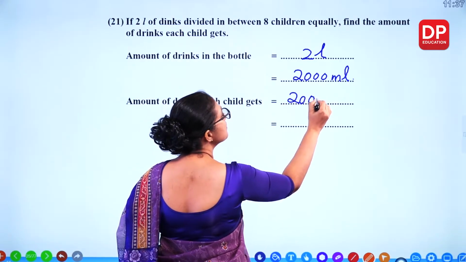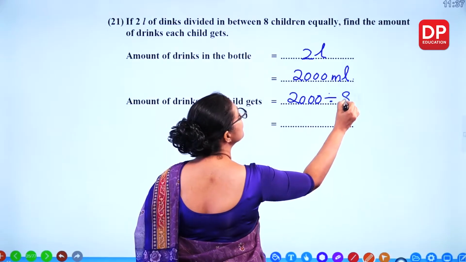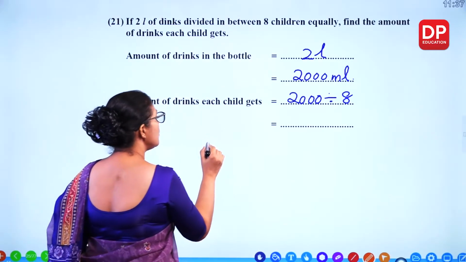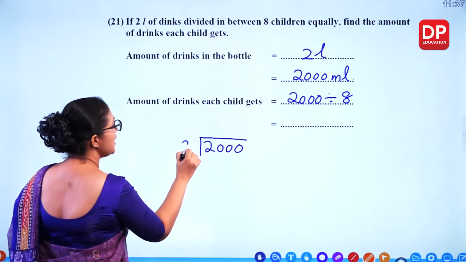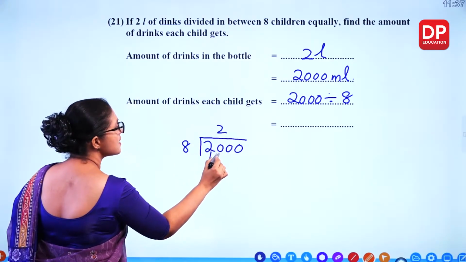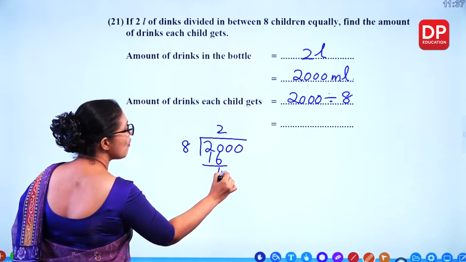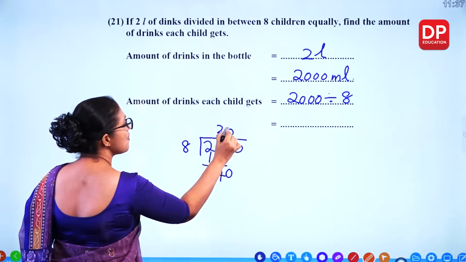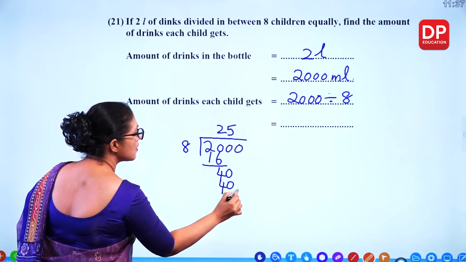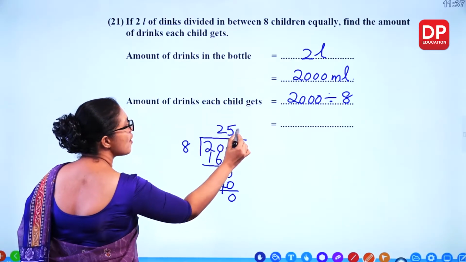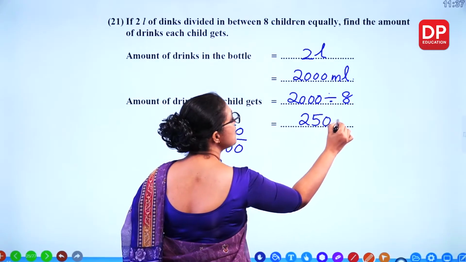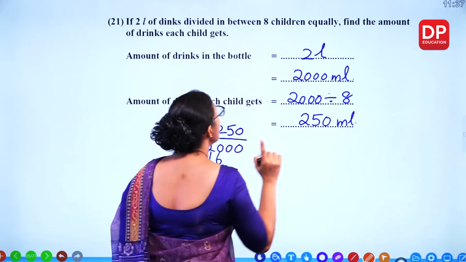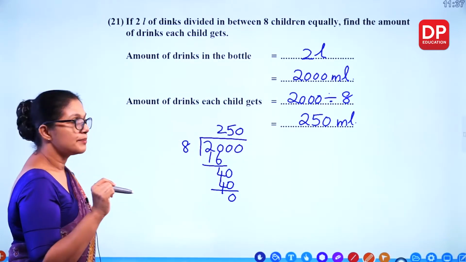Divide by 8. So what you get? Use long division. 8 times 2, 16. 4 remaining. For 40, that's 8 times 5, 40. For this 0, you have to put a 0. So what's the amount now? 250 milliliters for each child.